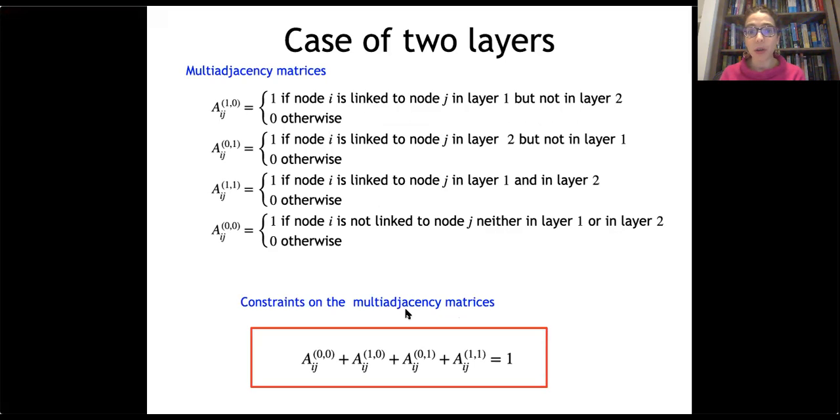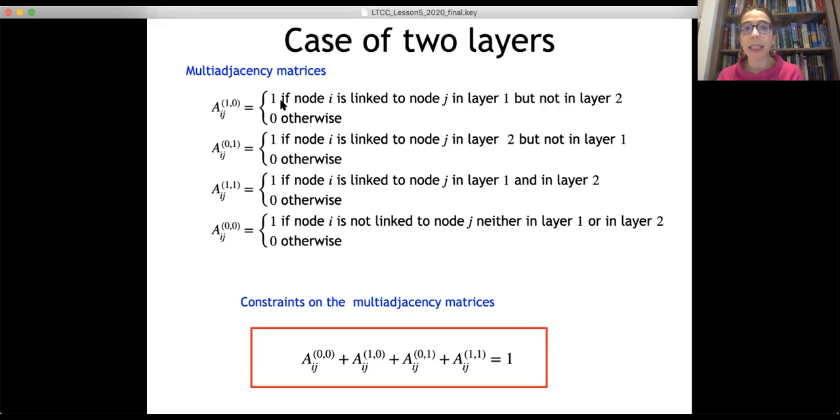With this definition of multilinks, we can construct the multi-adjacency matrix. So in the case of 2 layers, the multi-adjacency matrix A vector m will have element ij vector m, indicating if node i and node j are connected by a multilink of type vector m. So in 2 layers, we will have A_ij(1,0) equal to 1 if and only if node i is linked to node j in layer 1, but not in layer 2.